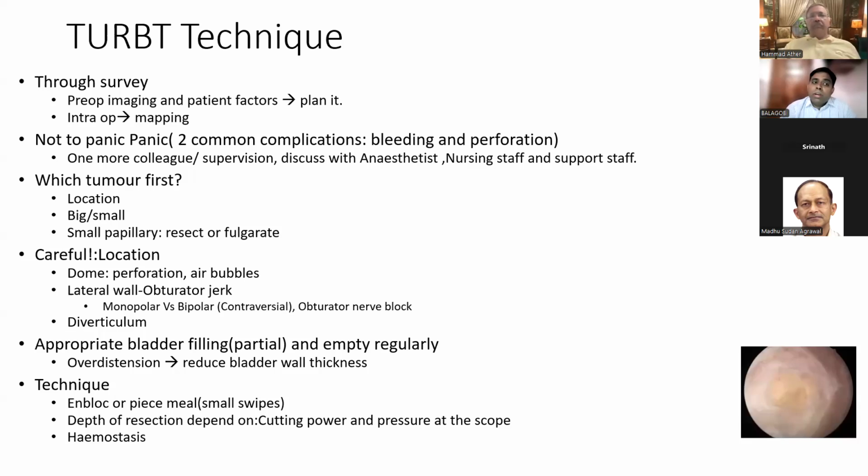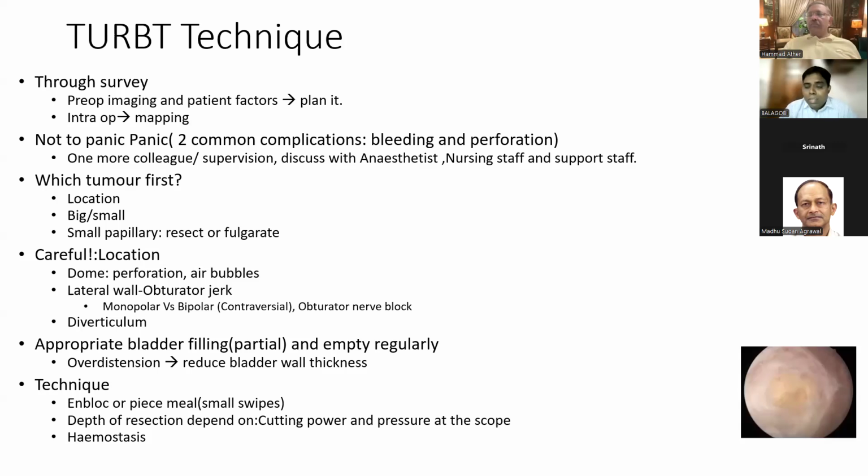You have to discuss with your anesthetist what type of anesthesia they are going to give, whether general anesthesia is better, or spinal with obturator block, and discuss with your team and nurses to prepare all the instruments and the supportive staff. I always prefer one more colleague, whether senior or junior, in the theater, so more brain and more hands, very helpful.